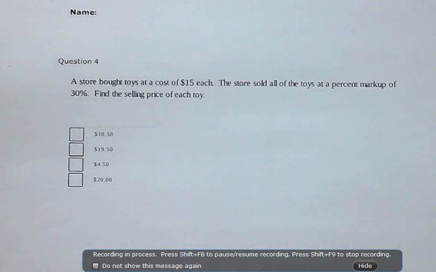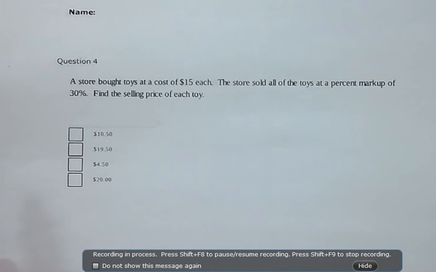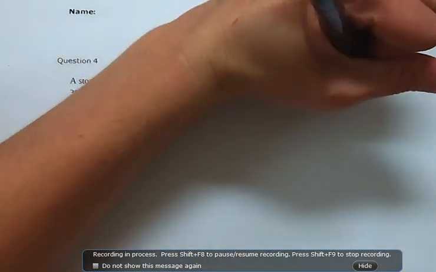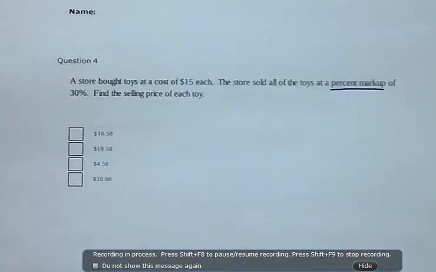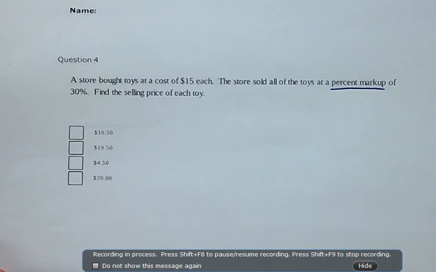Okay, number 4 says a store bought toys at a cost of $15 each. The store sold all toys at a percent markup of 30%. Find the selling price of each toy. So we see a lot of vocab words here. The first word that we see is percent markup. We have a percent markup of 30%.